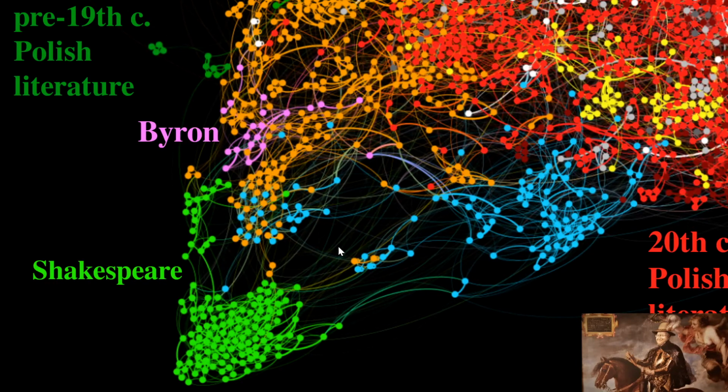Now, anybody who knows anything about the evolution of Polish literature is quite happy to see that snuggling between Byron and Shakespeare is Polish Romanticism, which basically wanted to write like Shakespeare and Byron. That was basically the main part of the Polish Romantic manifestos. The orange parts are mostly poetry, and the light blue parts is Polish Romantic drama.